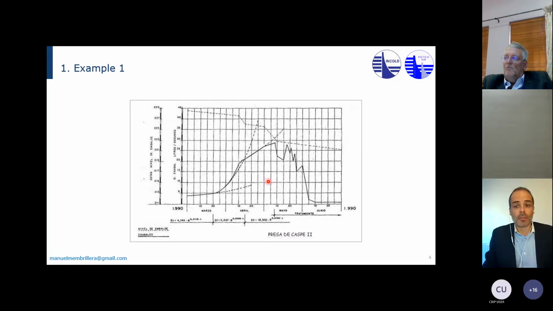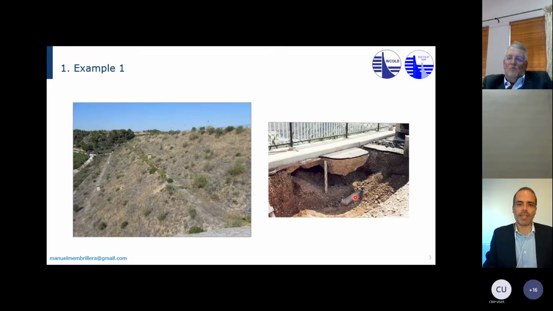And this was caused because of this internal erosion problem, not just in the dam. So that picture I showed you, this is the crest of the dam, but the dam also had an old mine, water mine, in the reservoir that had a clog. Also, that collapsed with first filling, and they also had to grout.